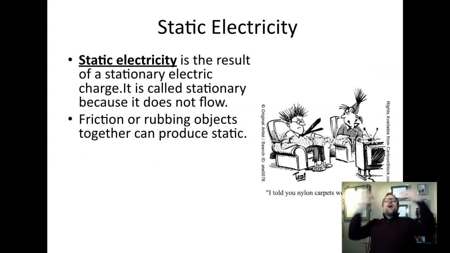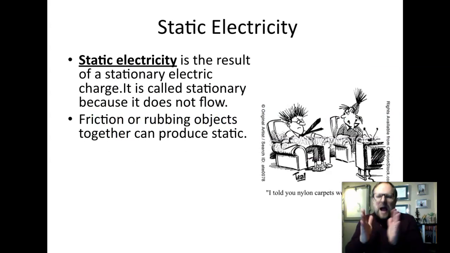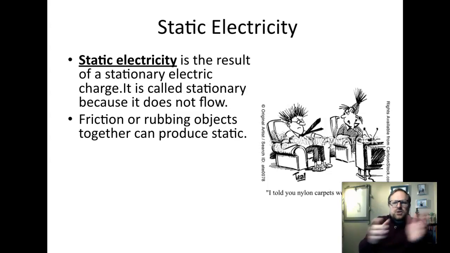Okay, now let's move into static electricity. I think you know about static electricity already. You've probably encountered it at some point in your lives, whether you've reached up for something metal and touched it and got a shock from it, right? That is the release of static electricity. So static in static electricity is really the important part of this term, and I'll explain what it means in a second.